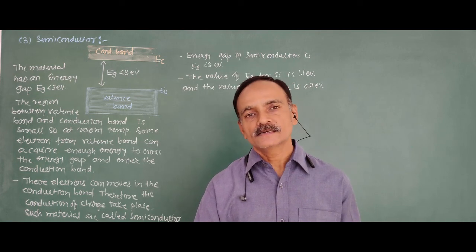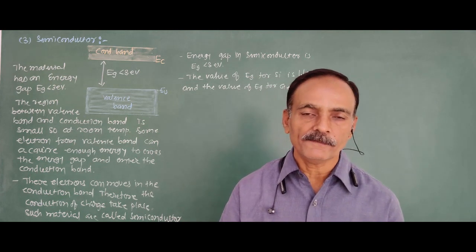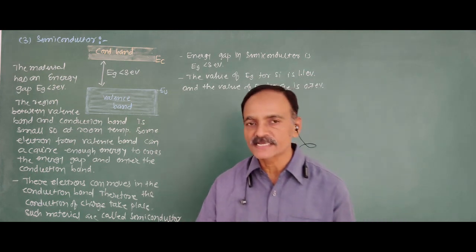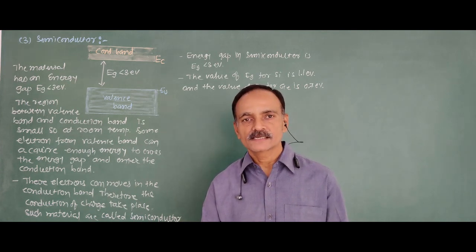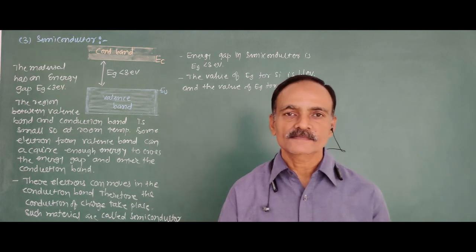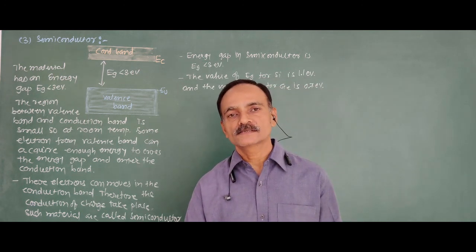So in short, a semiconductor at 0 Kelvin temperature acts as a perfect insulator. As the temperature increases, its conductivity also increases. While in an insulator, the forbidden gap is very large, more than 3 electron volts.